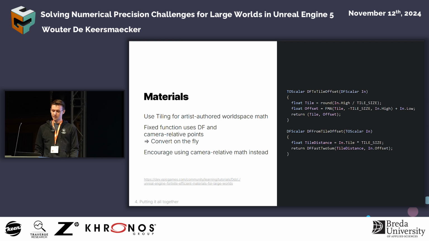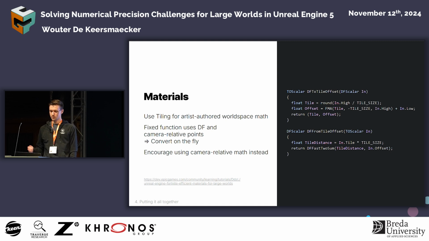And so the idea behind this is also that if users don't actually use absolute world position in their materials, then the systems will all work with perfect precision. Of course, there are plenty of assets that do use absolute world position.